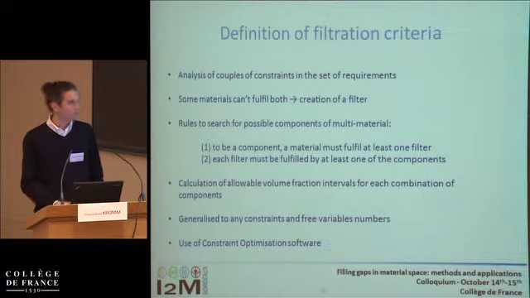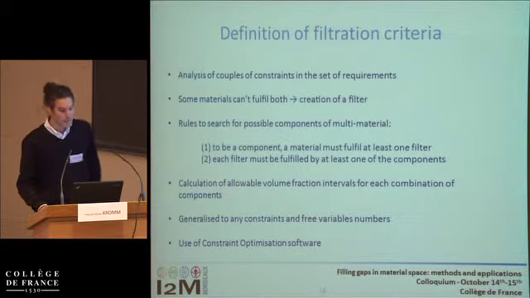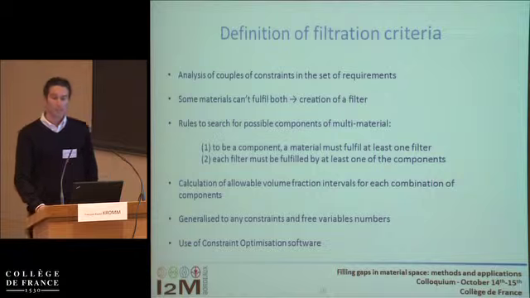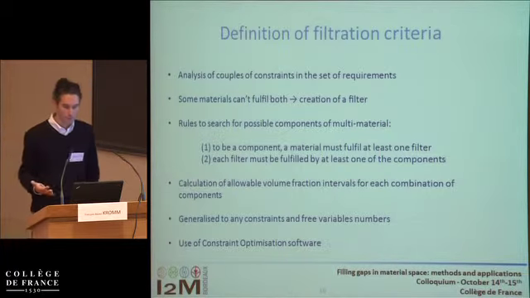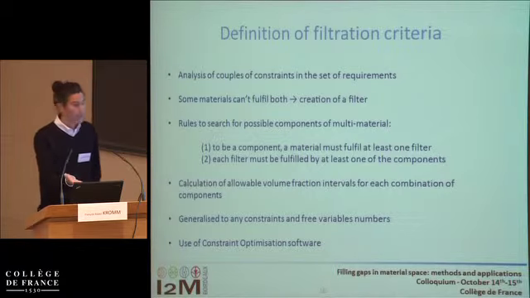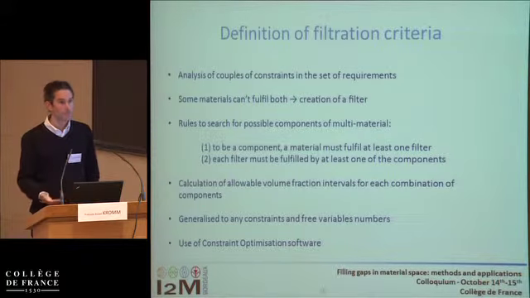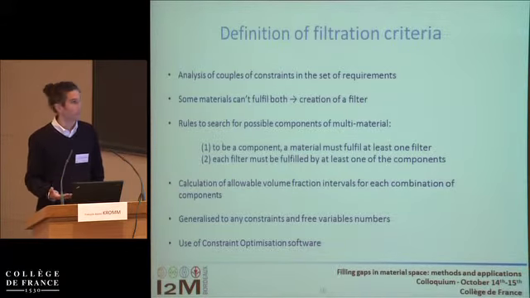So the rules to search for possible components will be that to be a component, a material must fulfill at least one filter, and each filter has to be fulfilled by at least one of the components. The first point will allow us to define the possible materials to be some components. The second will allow us to define the possible combinations of materials.